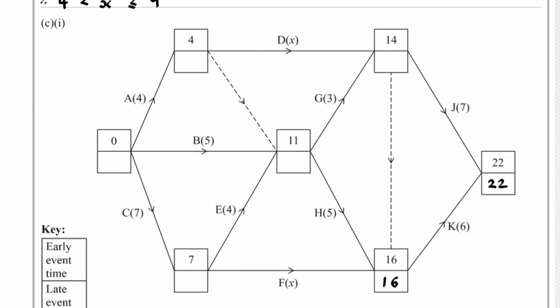And if we assume that the dummy has a weight of 0, so we've got 0 here and 0 here, well, 22 take away 7, that's equal to 15, and 16 take away 0, that's 16. The smaller one is the 15, so 15 goes here.